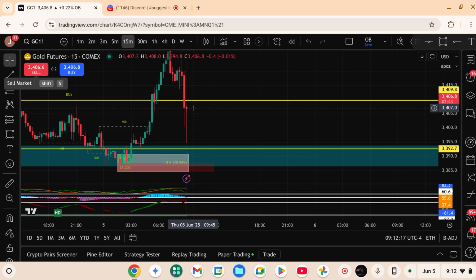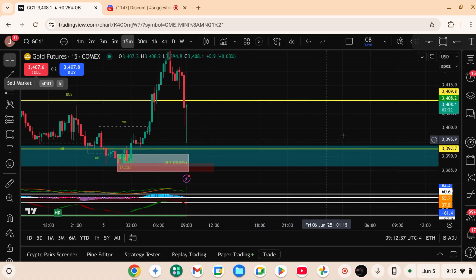So maybe, nah, I'm gonna wait. I was gonna say we can get in after this one closed and the next one opens up. We could get in on that candle, but market open is in like 15, 17 minutes. Anything could happen in between that time, so we'll just wait and see.